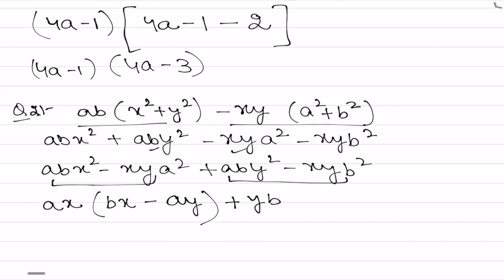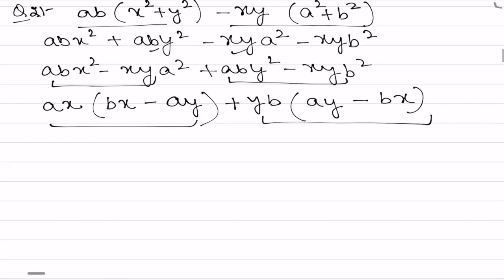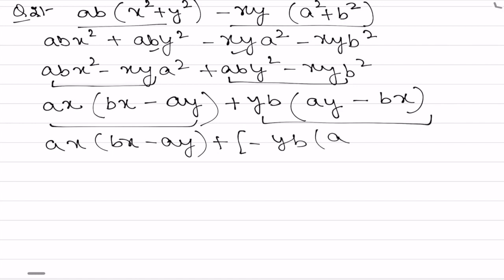y and b. So what is left? ay minus bx. Now we can see in both the terms these brackets are the same, bx minus ay and ay minus bx, only the difference is of signs. So we have to take the negative sign out common from the second term. Outside it's positive, so positive and negative becomes negative.